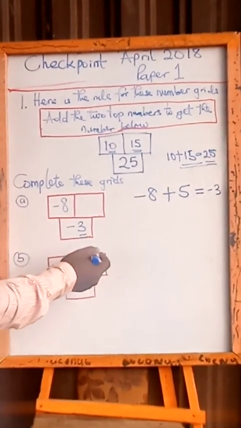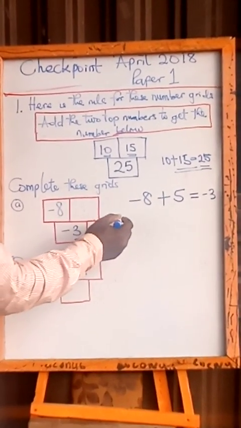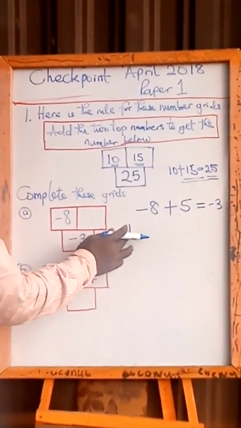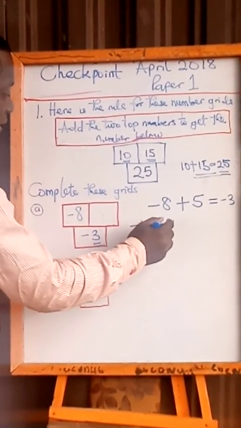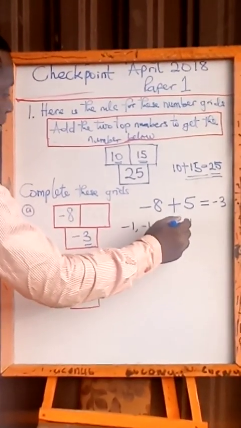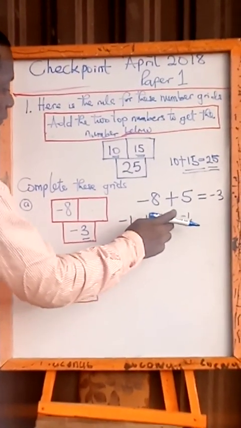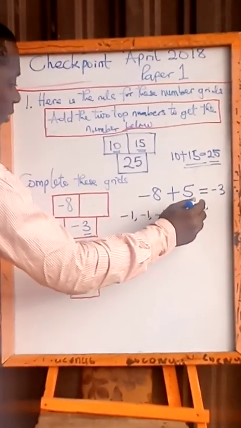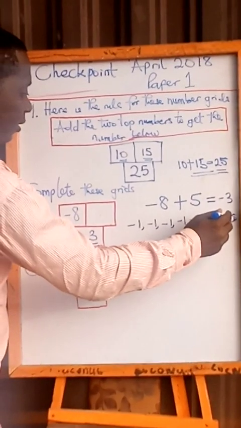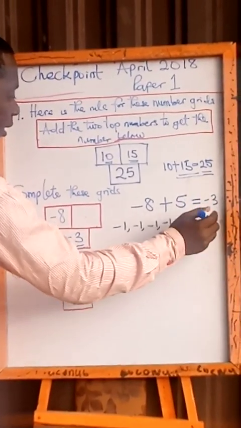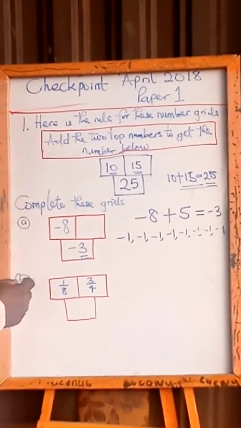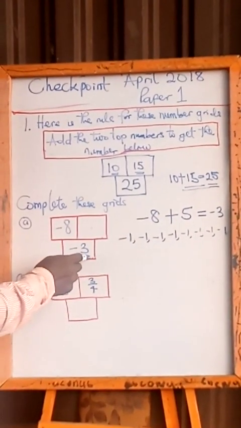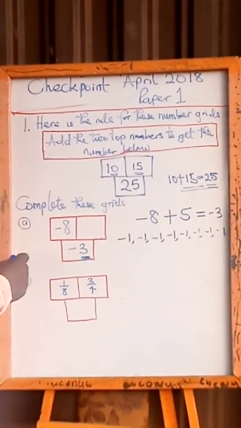You are having negative 1 in 8 places. 1, 2, 3, 4, 5, 6, 7, 8. And now, what are you going to do to it to give you negative 3?